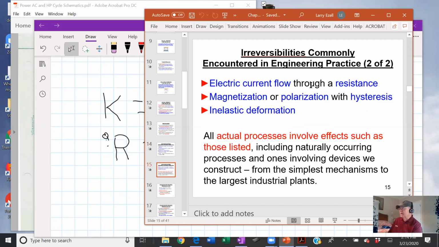Here's some more. Electric current flow through a resistor. Magnetization or polarization with hysteresis. If you electricals, and I just barely remember this, if you look at the magnetization circuit, say you're measuring the field strength of two magnets, and as you pull them together, you get a current.